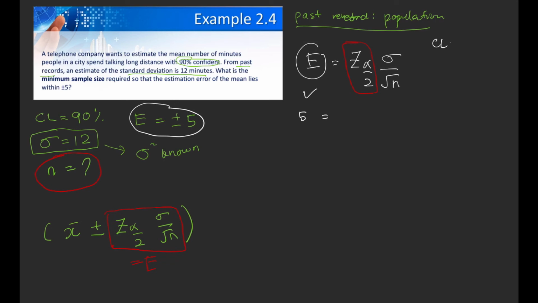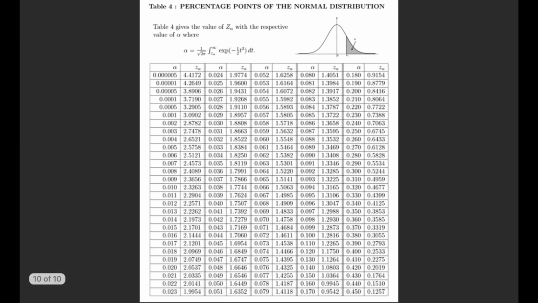Confidence level 90%. Alpha is 10%, so 0.1. Alpha over 2 is 0.05. So z 0.05 is equal to... look at your stat table, alpha 0.05 is here.